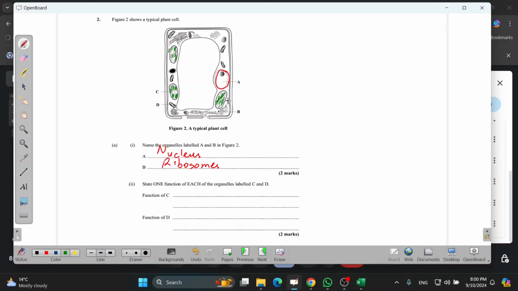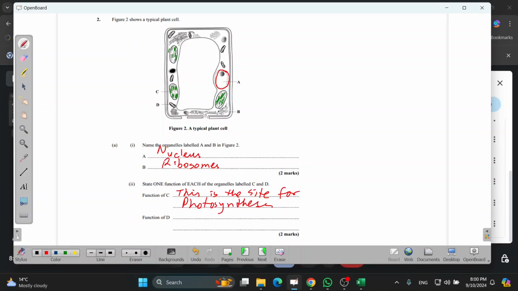What are those? They don't say to name it. They just say to mention a function. But to mention a function, you need to know what it is. And those are the chloroplasts. So the function here is this is the site for photosynthesis.